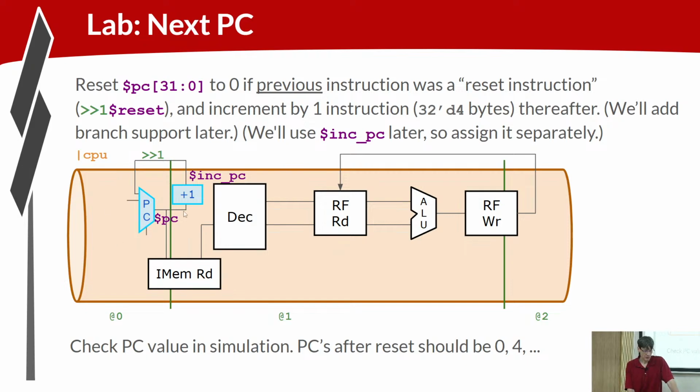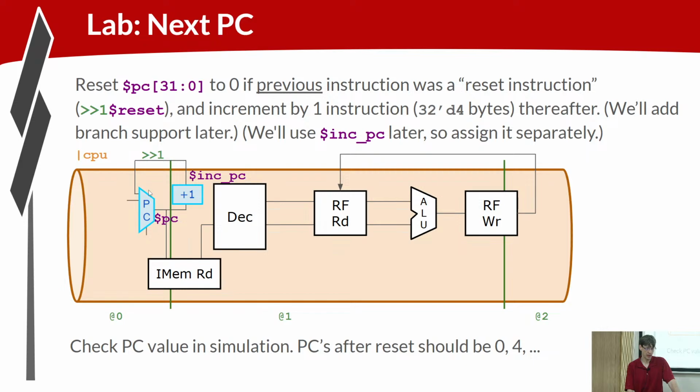So this lab is about the program counter. We're going to create the program counter initially just as an incrementer. We're not going to worry about branch behavior, so the program counter is just a counter. We want to set this up so the first instruction that it executes is instruction 0. That means we want our first valid instruction to have PC of 0.